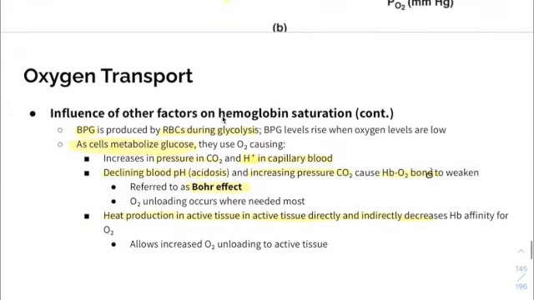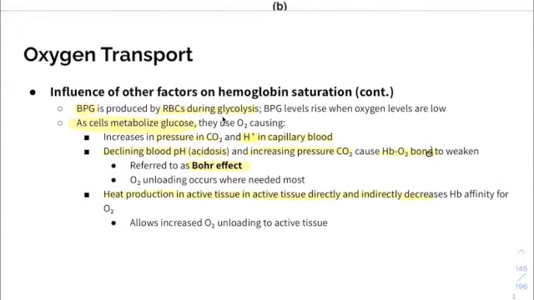Let's stop here. And then next time, we will look at how carbon dioxide gets transported through the system. And we'll look at some different disorders that happen throughout this chapter.